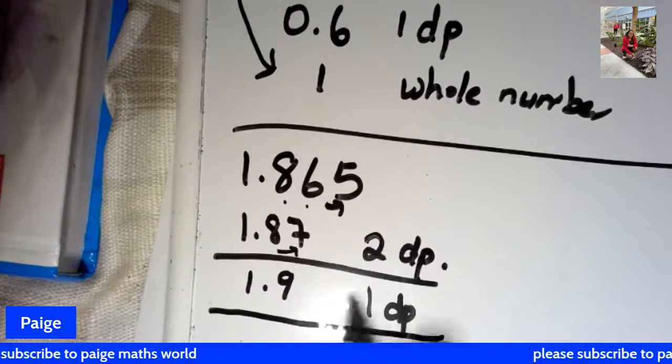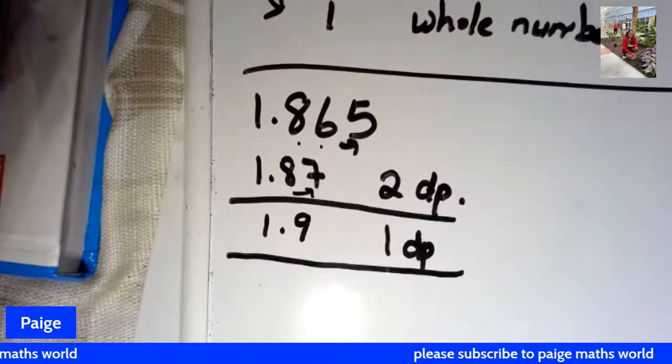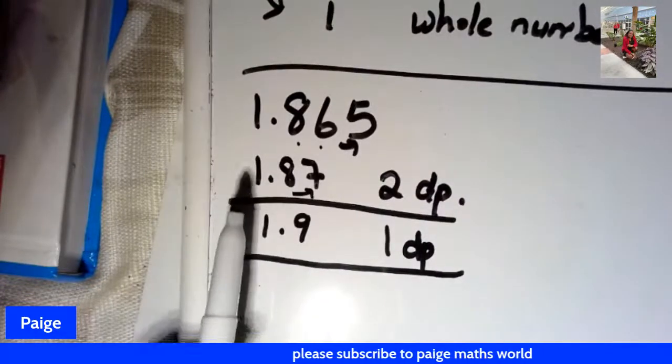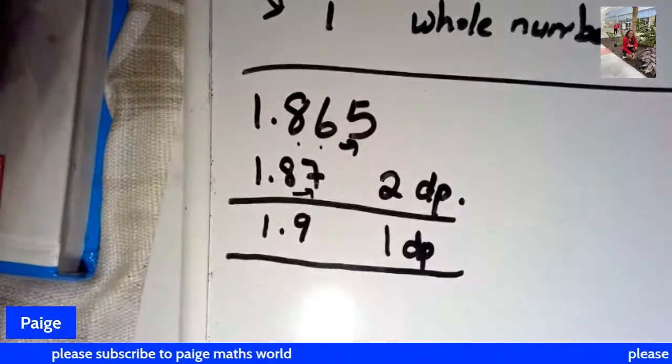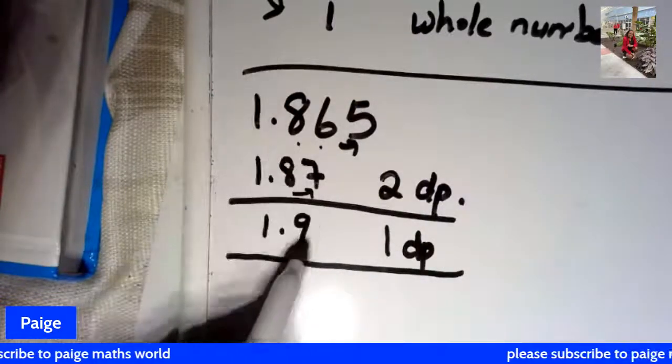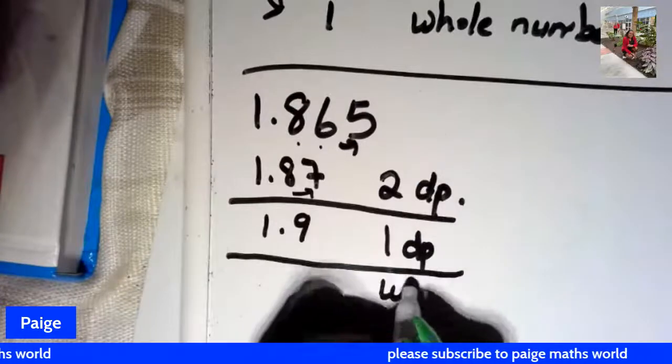And now to the nearest whole number. Let us see what you guys do with that one. We're rounding off 1.9 or 1.87 or 1.865 to the nearest whole number. So what would that be?